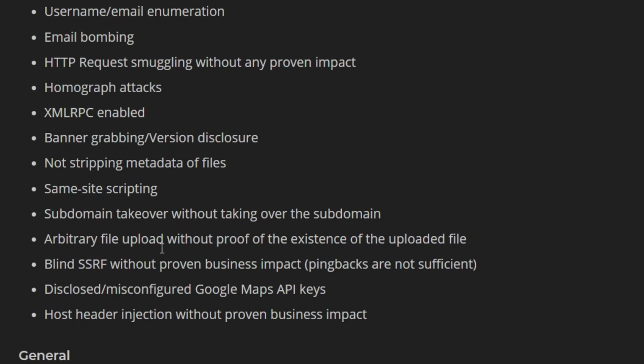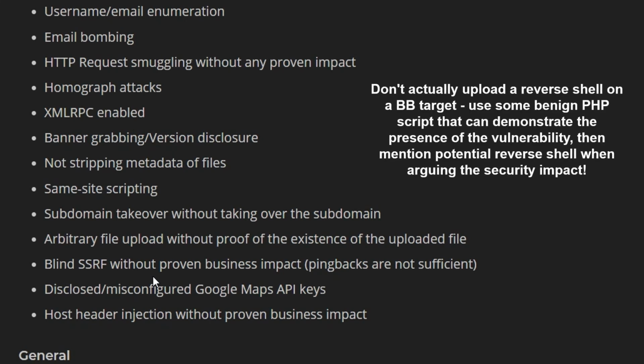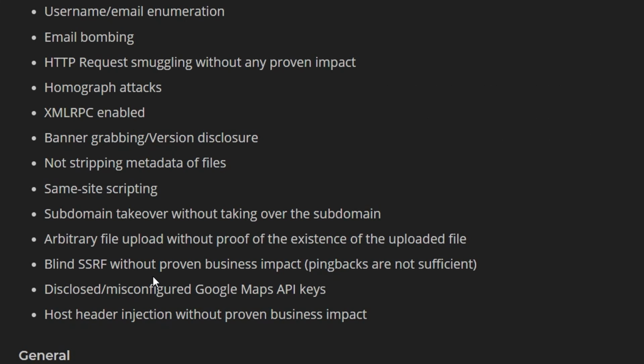And again, this is an important one. So let's say you find an insecure file upload, you're able to upload a PHP file, you upload a reverse shell. Well, if you're not able to find that reverse shell, maybe it's been named like a 64 hex character file name, maybe it's been put into a directory that you don't have access to or you don't know where it is. What's the security impact?